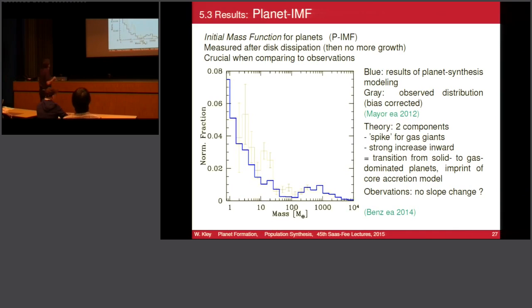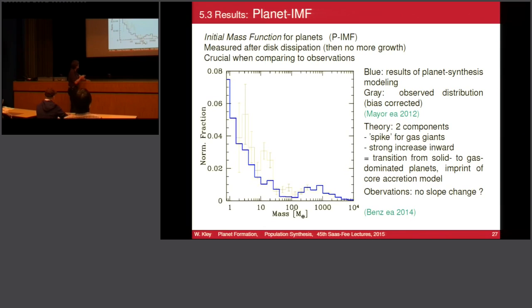Okay, so here we have this here, and what we see here is superimposed of the simulations. Here we have the observations here, yes, and the crucial point is that you have in both the observed distribution and the synthetic distribution here basically a little bump here in the Jupiter type of mass range here.